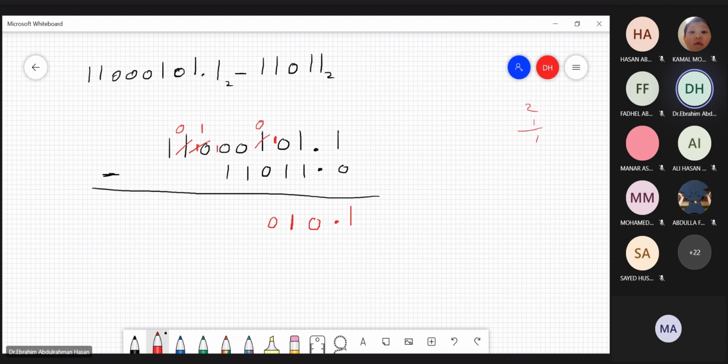Borrow from here, from 2, 1, so this becomes 1, so this becomes 2. So 1 0 minus 1, it is equal to 1. Okay, and 1 minus 1, that is 0. 1 minus 0, 1, 0 minus 1, 0, and 1 minus 0, 1.